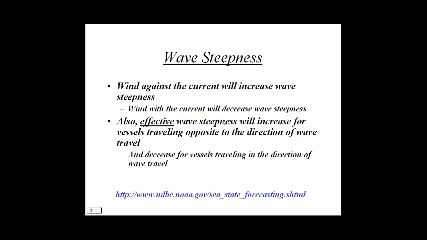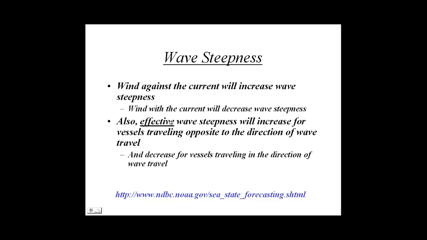Now, wave steepness will increase when the wind blows against the current. Wind blowing with the current will decrease the wave steepness. This is the actual steepness of the wave. This next bullet refers to the effective steepness. Let's say there is no wind at the moment, but you have waves.